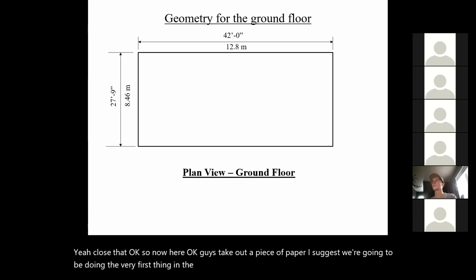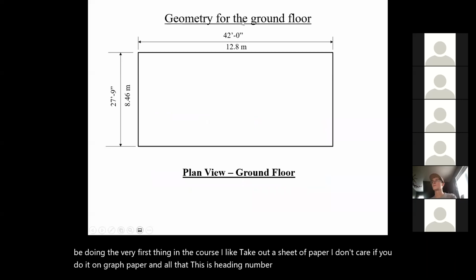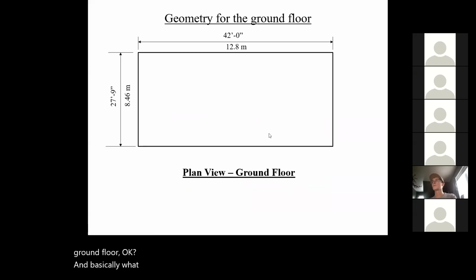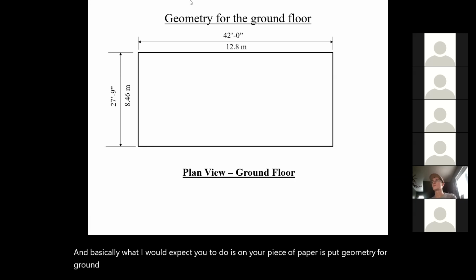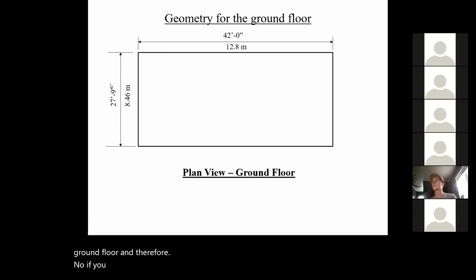I don't care if you do it on graph paper. This is heading number 1, the geometry for your ground floor. What I expect you to do is put "geometry for ground floor" on your piece of paper. You notice here that this is the size of the house, 27 feet 9 inches on one side, 42 feet on the other side, okay?